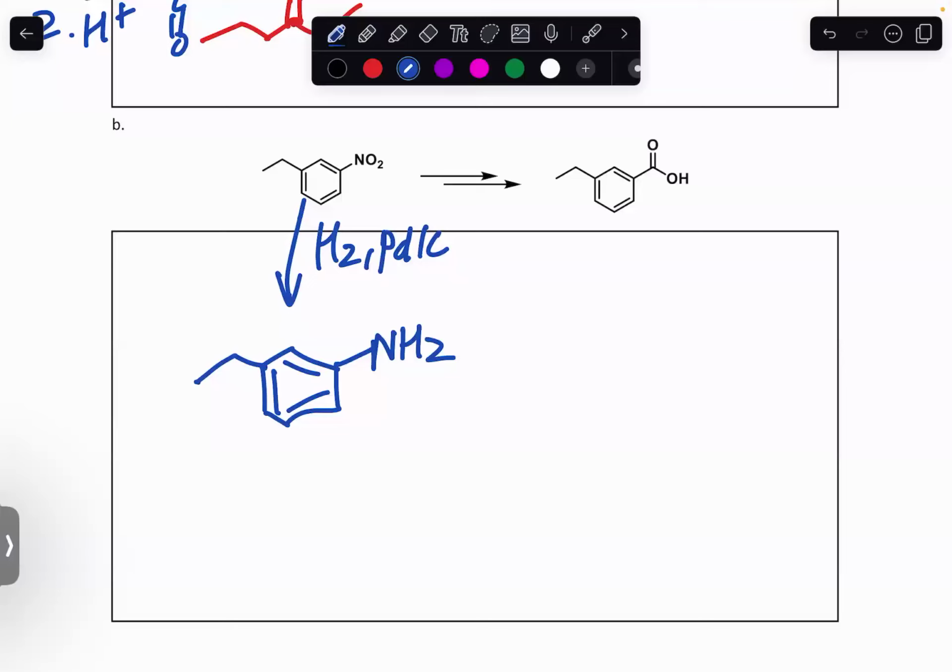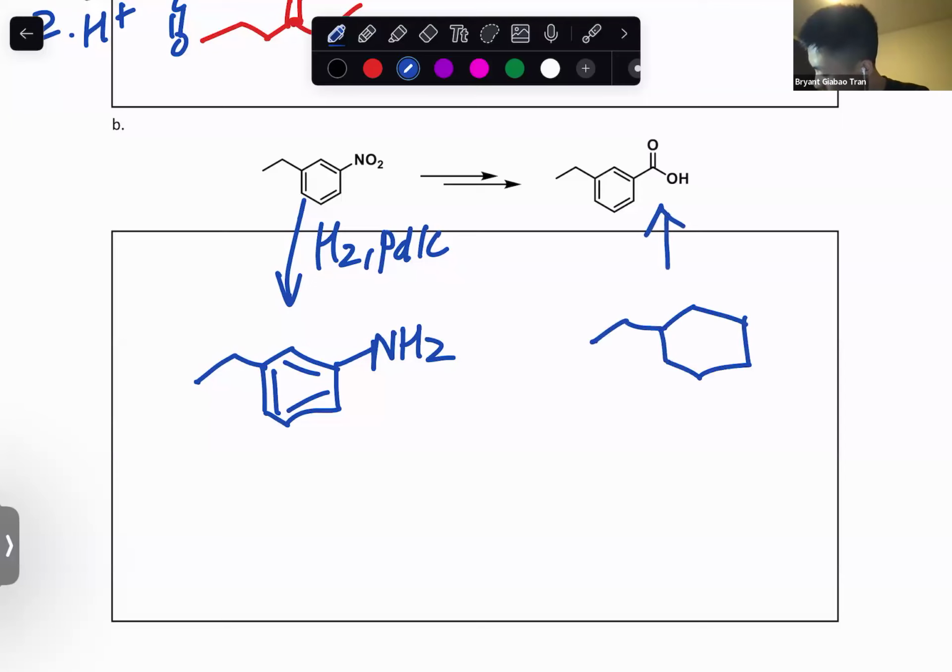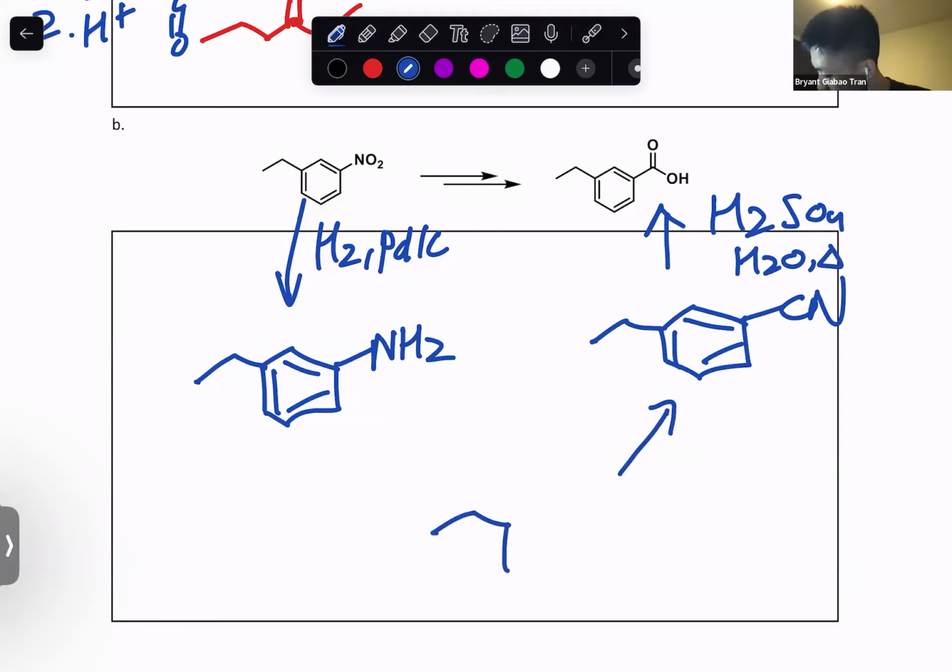We could say that this can come from a nitrile. We said earlier we could hydrolyze that nitrile using acid, water, and heat to create that carboxylic acid there. But this nitrile could come from the N2 plus or N2Cl through a Sandmeyer reaction with CuCN.